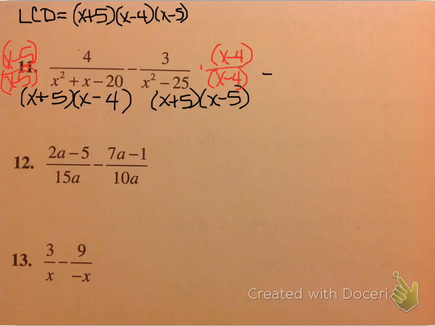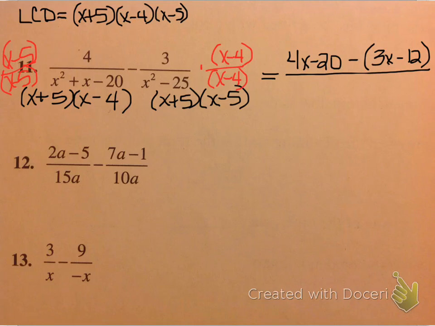So let's see if we can simplify this mess. The first fraction, I have to take x minus 5 times 4. So that's going to be 4x minus 20. And the second fraction, I'm going to have to take 3 times x minus 4, which is going to be 3x minus 12, all over my denominator of x plus 5, x minus 5, x minus 4.